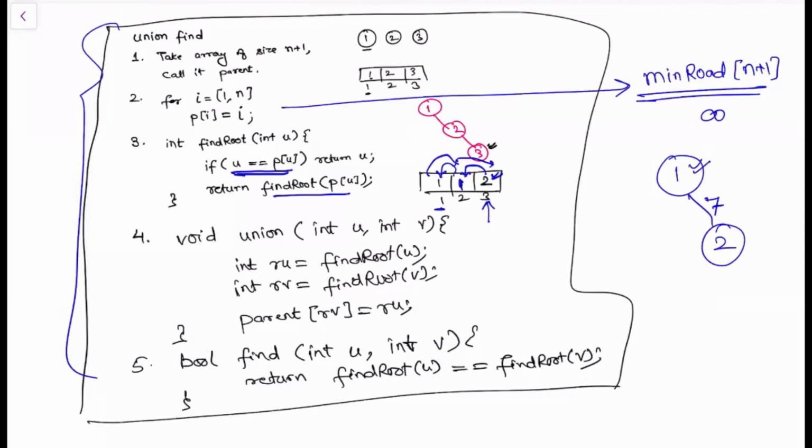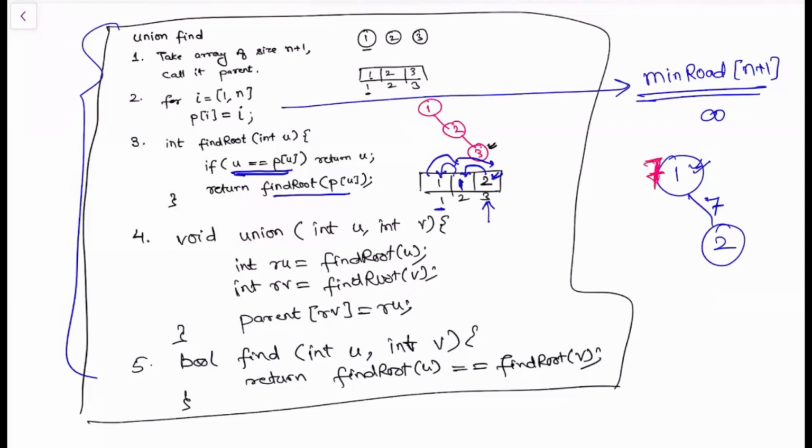If that was the first connection, then your min road of 1 will be what? What is the minimum edge that is connecting 1 to any other vertex so far? If 1 and 2 were connected with edge weight of 7, in this component, what is the minimum edge weight so far? Yeah, so far, if you have two vertices, 1 and 2, they are connected with edge weight of 7. What is the minimum edge weight so far? 7. Okay.